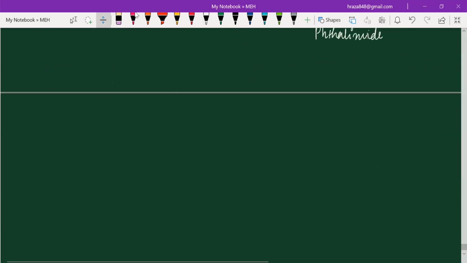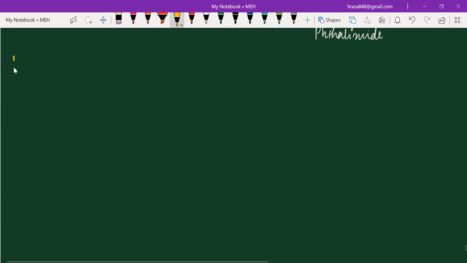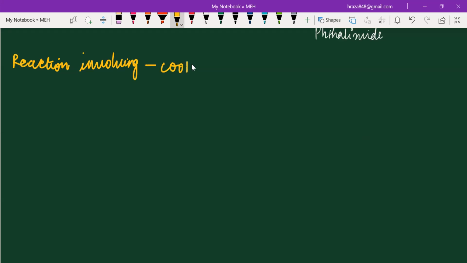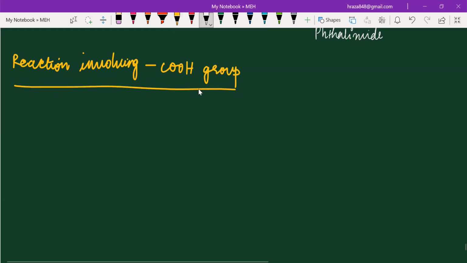After this, basically your reaction involving COOH group, C double OH group. So the first is basically reduction.